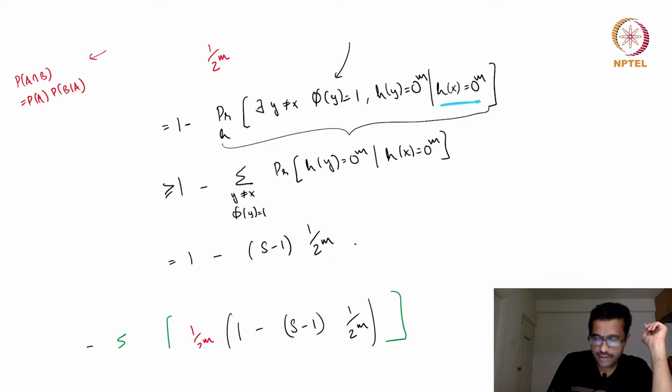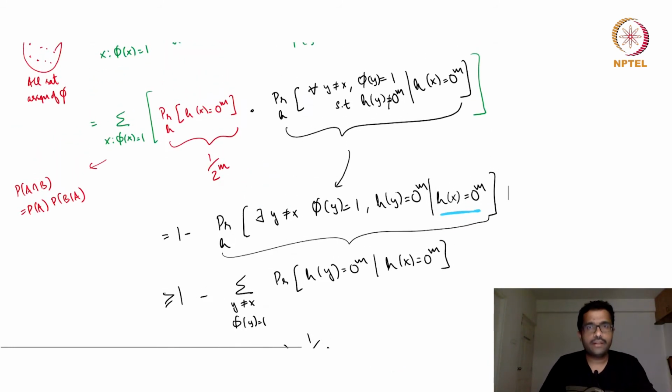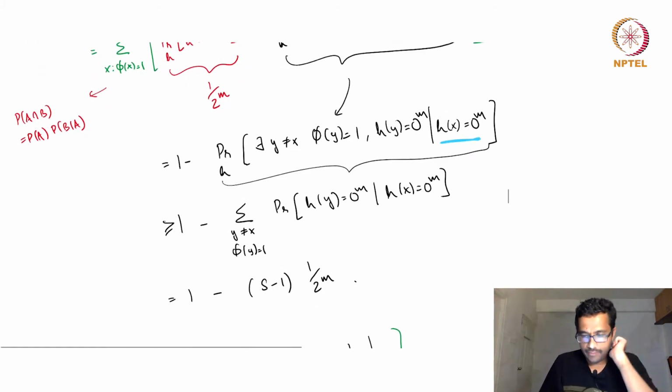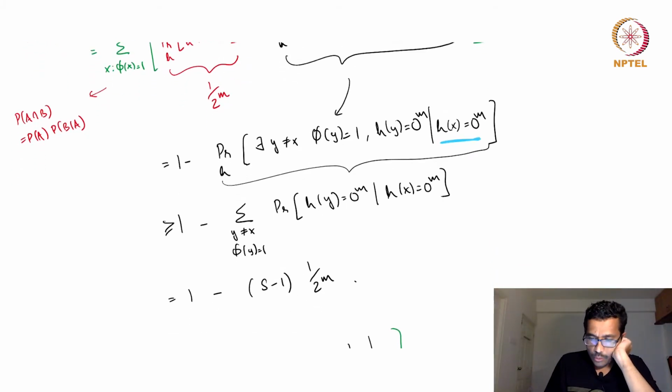And how many y's are there? By assumption, there are s satisfying assignments for phi.